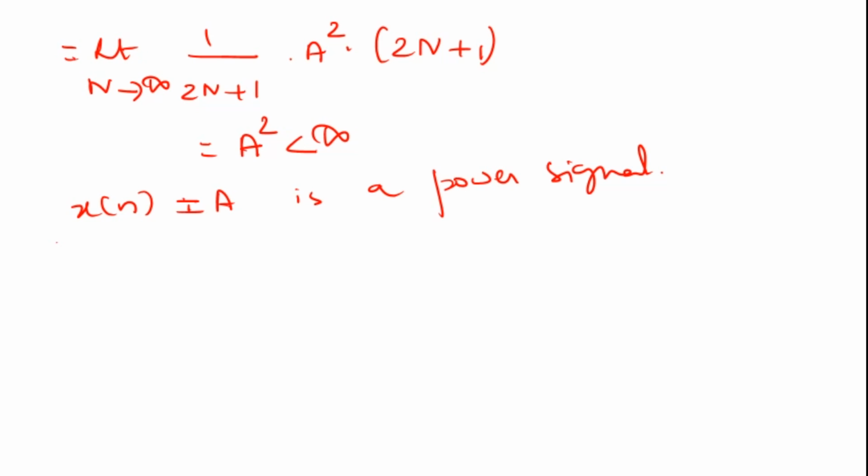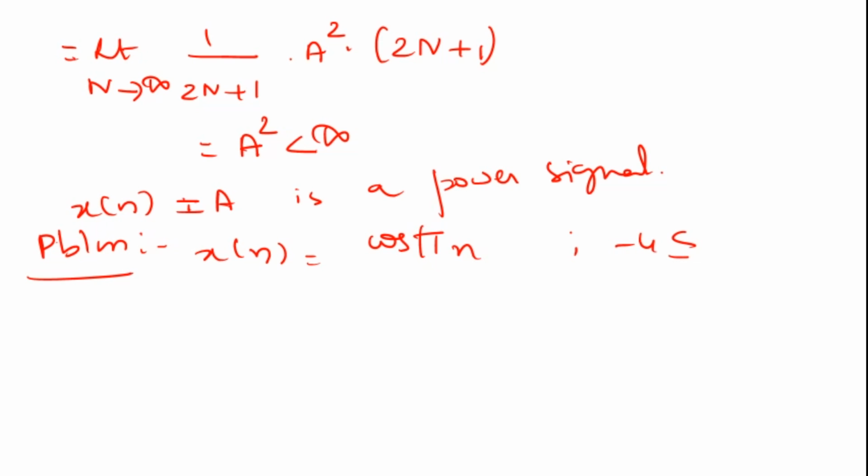Next problem, x of n is equal to cos of pi n for minus 4 less than or equal to n less than or equal to 4 and 0 otherwise.